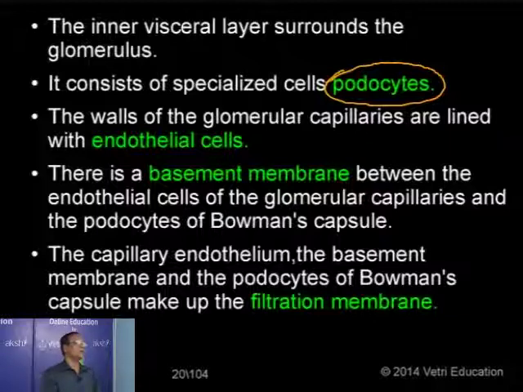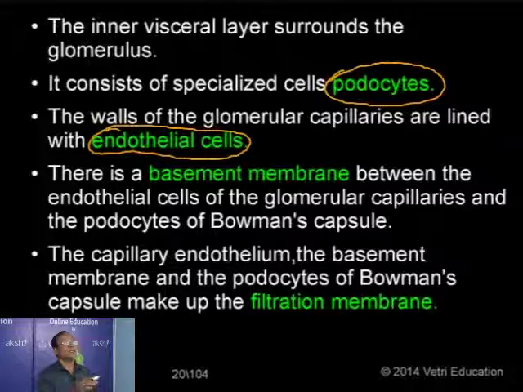Now what about the blood capillaries? As a general rule, you know that blood capillaries are formed of a single layer of cells, a single layer of endothelial cells. So the walls of the glomerular capillaries are made up of a single layer of endothelial cells. Between the visceral layer and the endothelial cells, another membrane is formed, what is called the basement membrane.